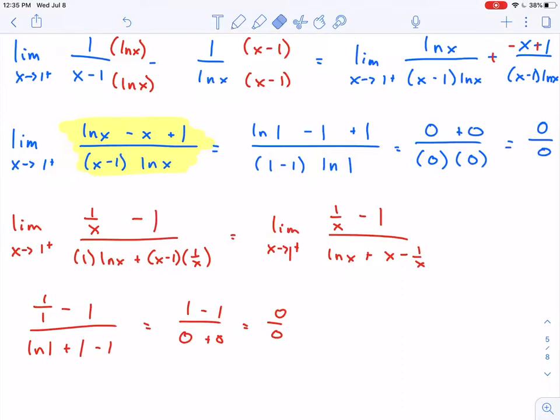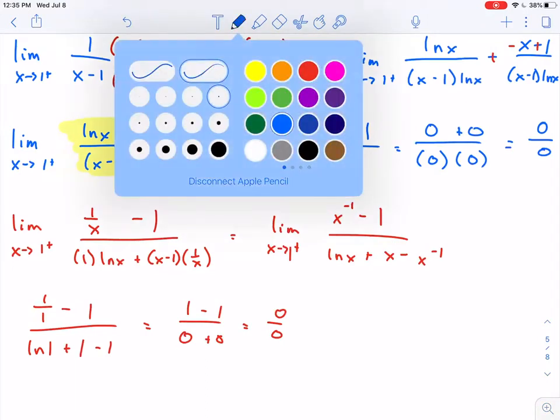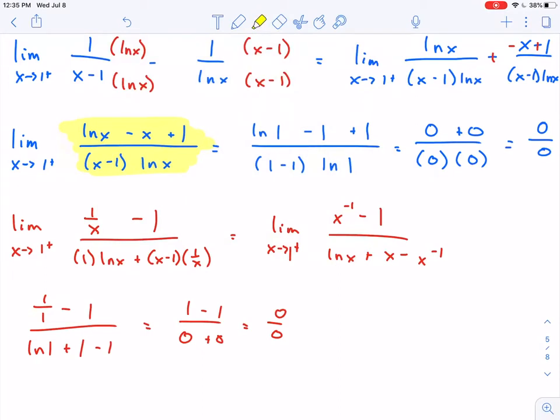Just to make our lives a little bit easier, I'm going to rewrite these 1 over x's so that I don't have to use a quotient rule. I'm going to rewrite those as x to the minus 1 because I think that should be a little bit easier. So, okay, we're going to apply L'Hopital's rule one more time. We're going to take the derivative of this function this time.